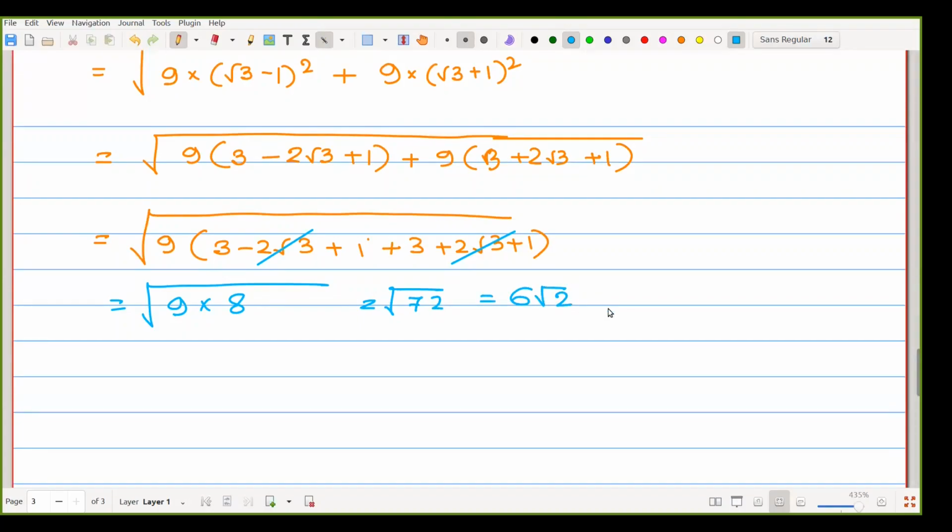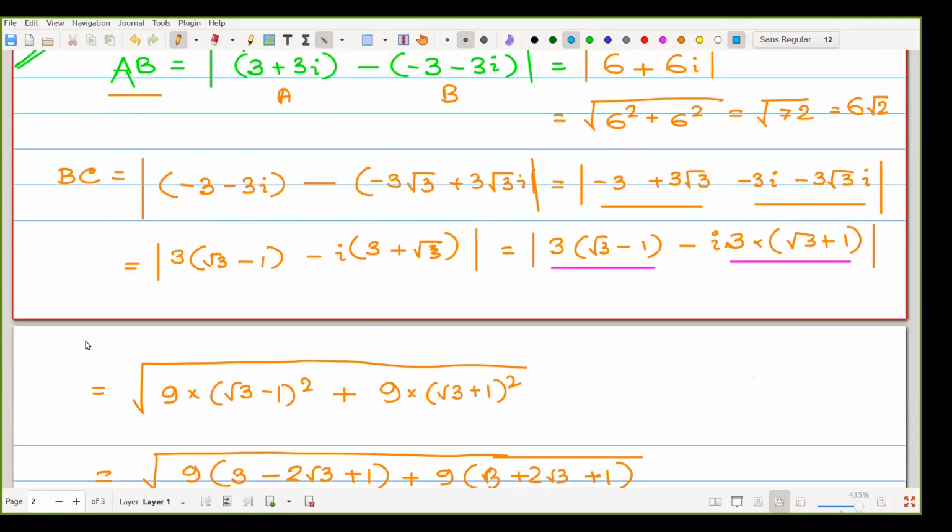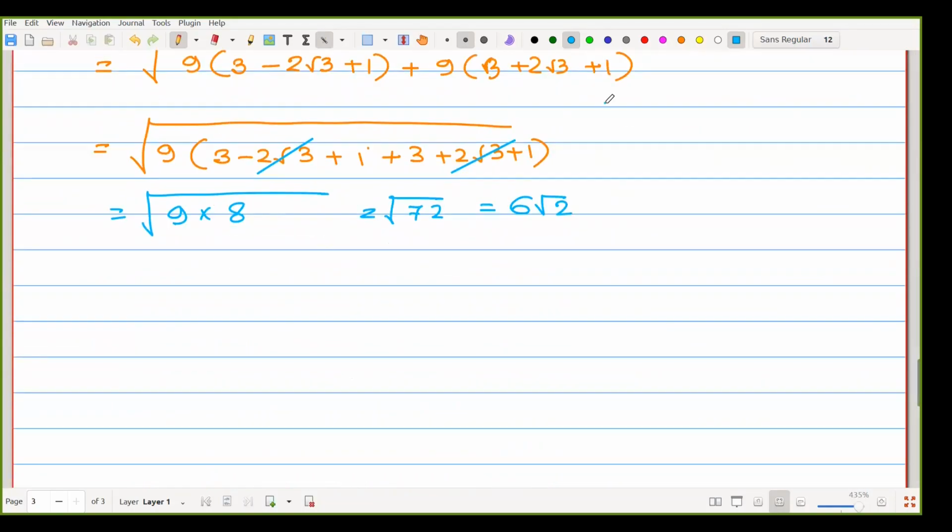So already we have found AB is equal to BC. The final one we have to find out is AC. Okay, and A means we have 3 plus 3i minus 3 root 3 plus 3 root 3i.